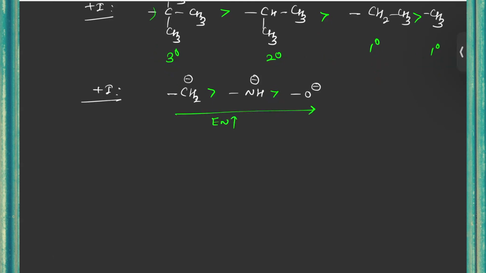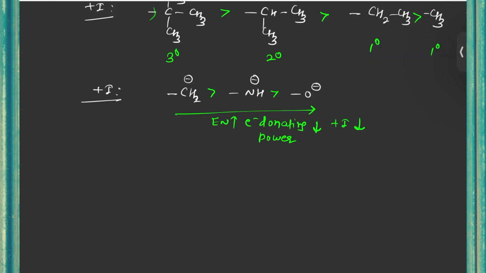Because you can see we are going left to right, so electronegativity is increasing. And when the electronegativity increases, electron donating nature decreases. Electron donating power decreases, so plus I effect also decreases.